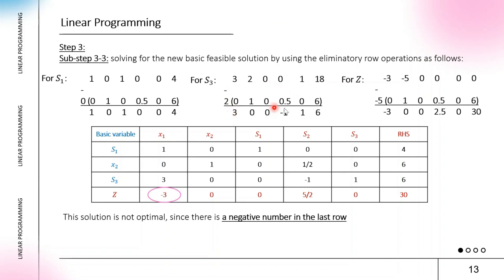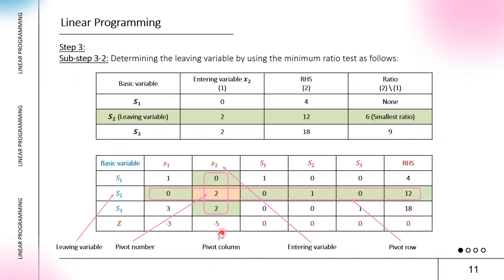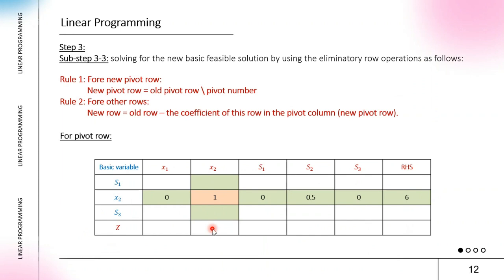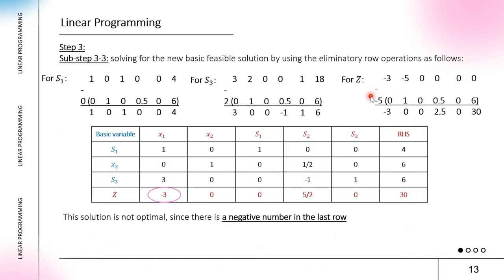And we have the new row for S3, and the same process for the objective function row. The objective function row has minus 5 in the pivot column, and we add 5 times the new pivot row to it, as we can see here.